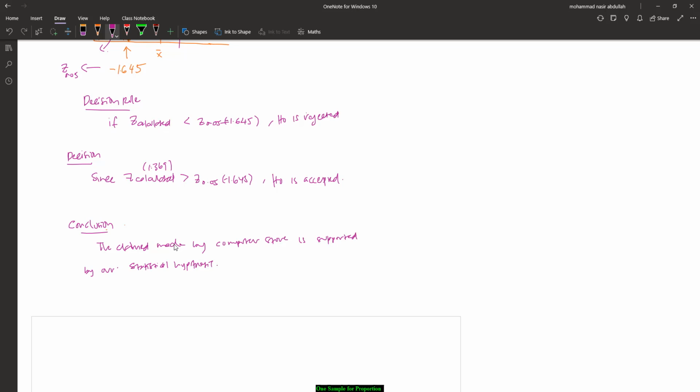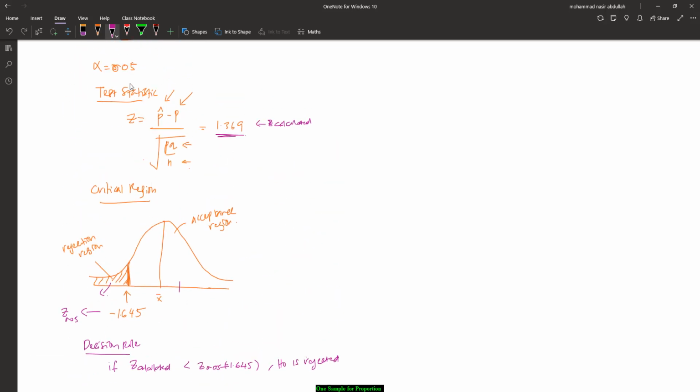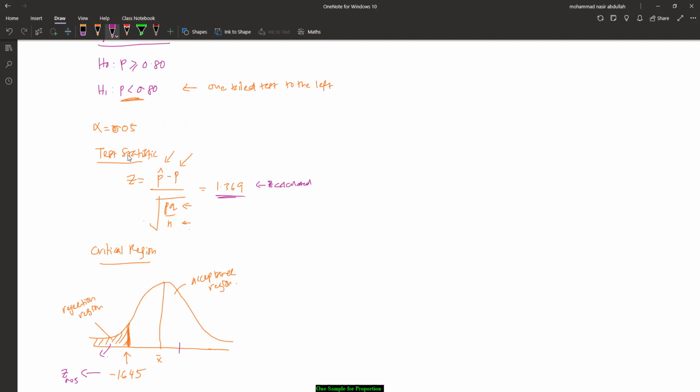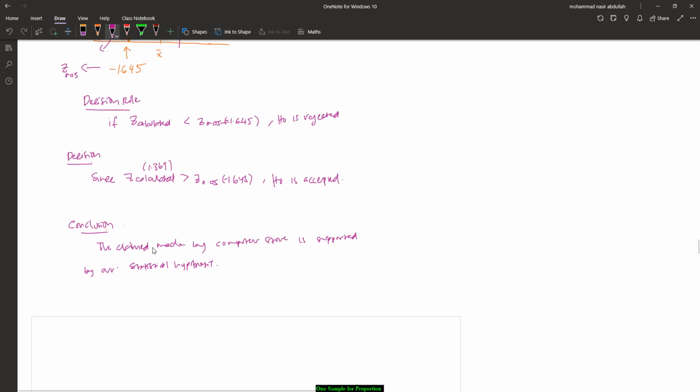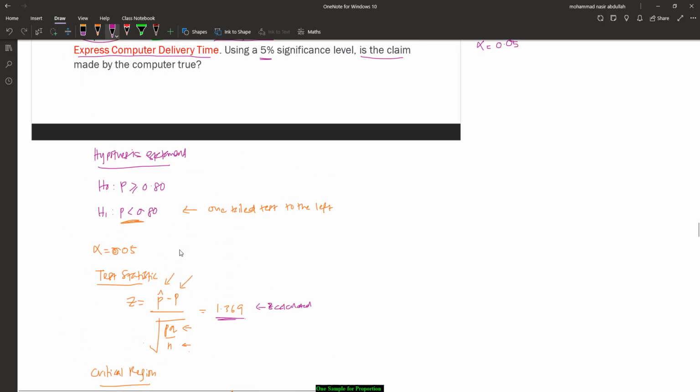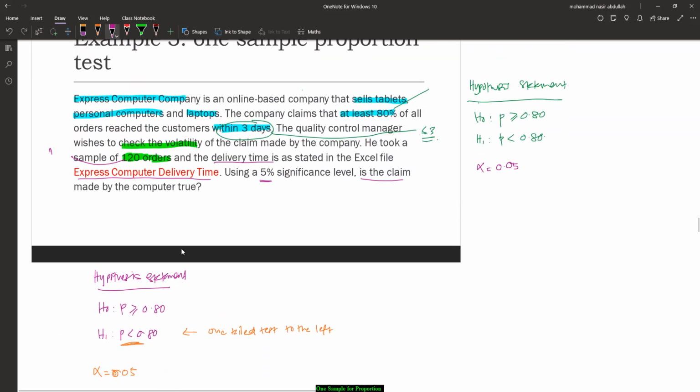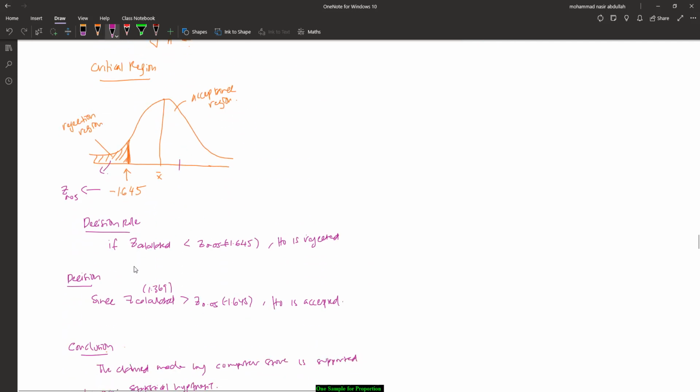In other words, since our alpha is 0.05, we have 95% confidence that more than 80% of the customer items are delivered within 3 days, right? I think that's all for one sample proportion.